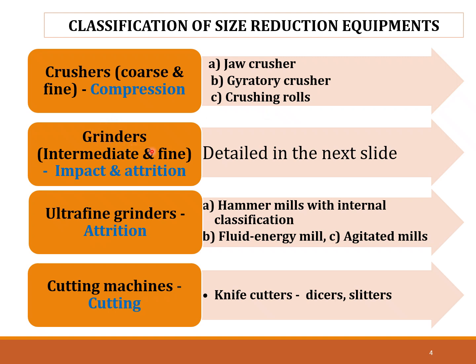Next are grinders, from which you can get intermediate and fine particles as product. They act by impact and attrition. We will see grinders in detail later. The third one is ultra fine grinders, where size reduction happens by attrition. Examples: hammer mill, agitated mill, fluid energy mill. Fourth is cutting machines. Examples: dicers and slicers.